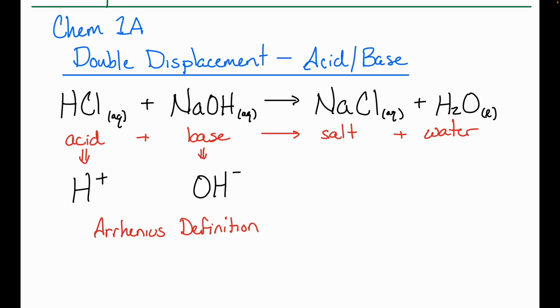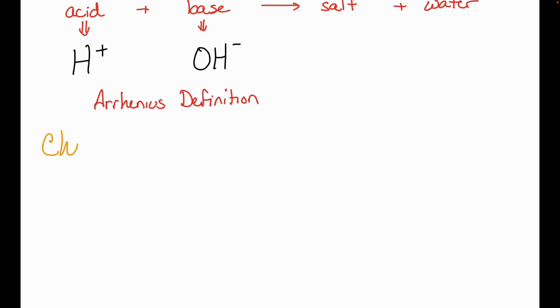And so what we're going to do is we're going to expand our understanding of acids and bases. All right, what we're going to be using now for our Chem 1B is what's called the Bronsted-Lowry definition of acids and bases.